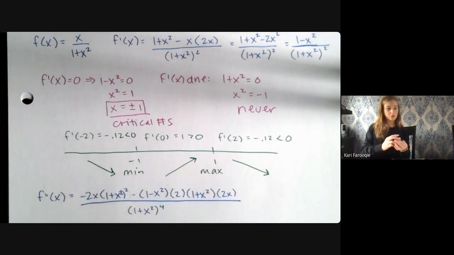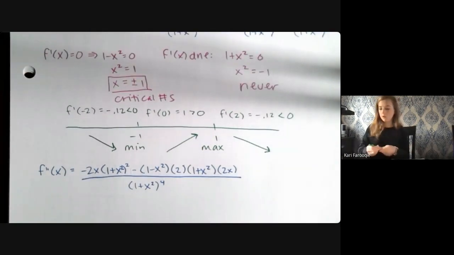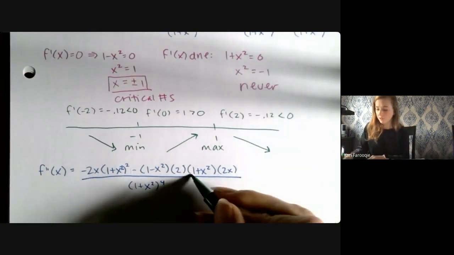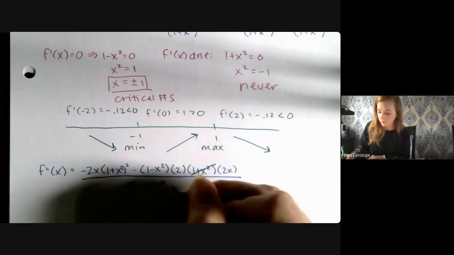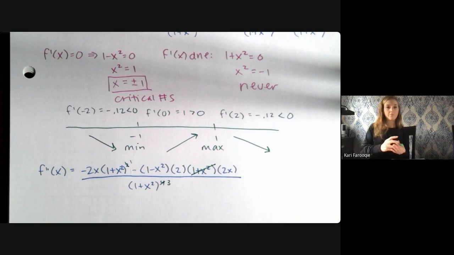And then you'll go through. You should be pretty good with the quotient rule by now. And get rid of one factor of 1 plus x squared and simplify.